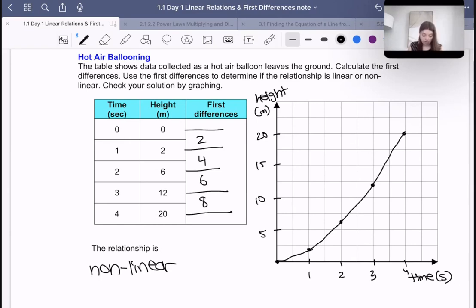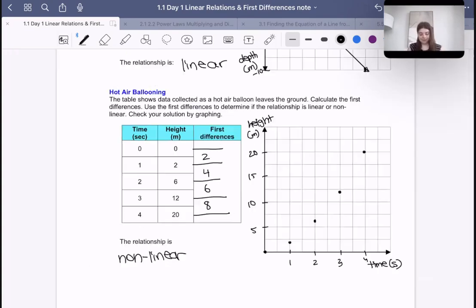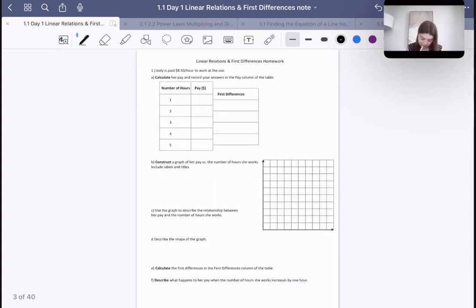This is not a line. And so therefore, it makes sense that it's not a linear relation because these points don't represent a line. So that shows us in the graphing sense that's just another piece of evidence that this hot air ballooning example is nonlinear. Very good.